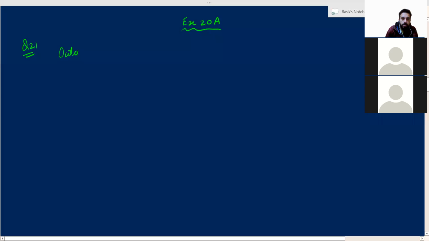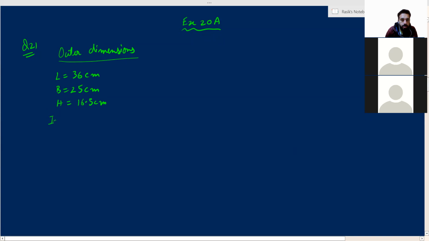The external dimensions of the box, the outer dimensions: first of all, capital L is 36 centimeters, capital B is 25 centimeters, and capital H is 16.5 centimeters. These are the external dimensions.